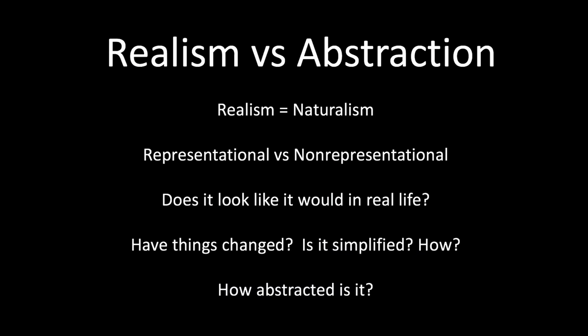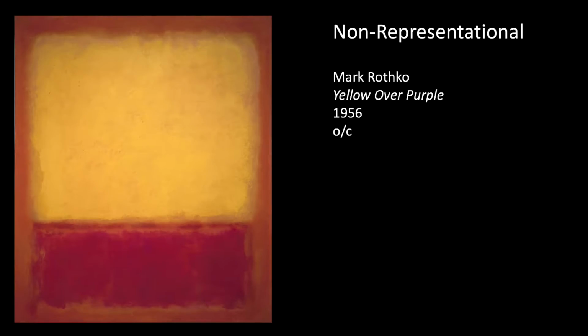So moving on, we got to realism versus abstraction. Realism is a really tough word to use when describing art because we use realism to talk about things that look real, right? Things that look like they would in real life. But artists such as Mark Rothko, as you see here with his paintings, they're not of any object.